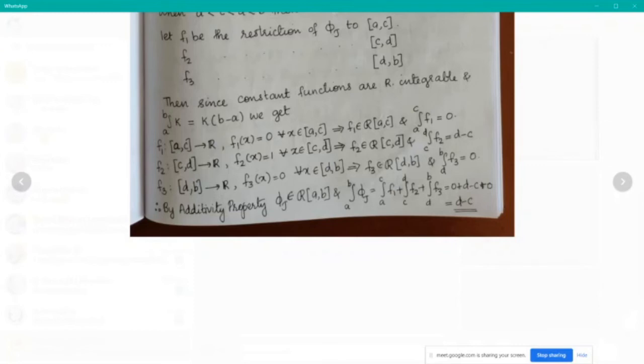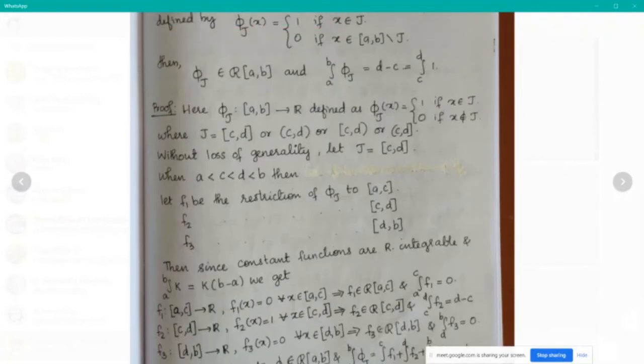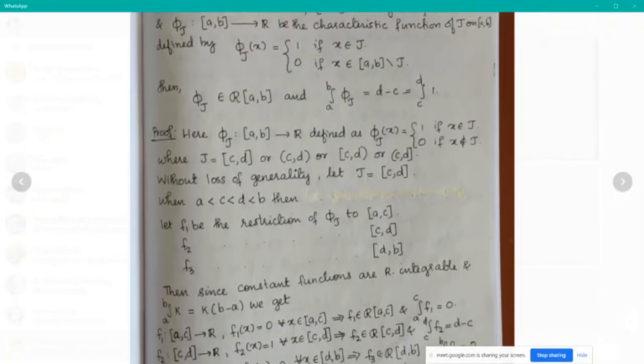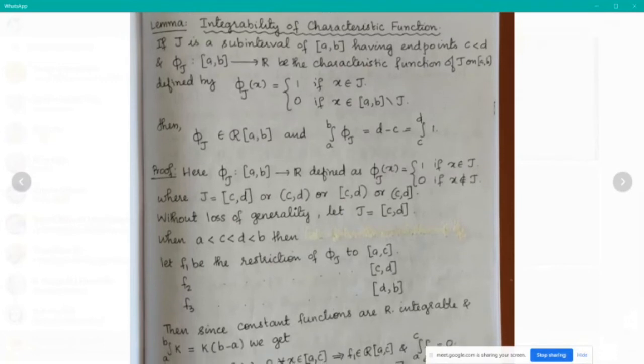On AC the value is 0, plus on CD it is D minus C, plus on DB it is 0. So the sum is D minus C, which is the same as the integral of the constant function 1 defined on closed interval CD. So we have proved that the characteristic function of any subinterval of a closed and bounded interval AB is Riemann integrable on that closed interval AB.